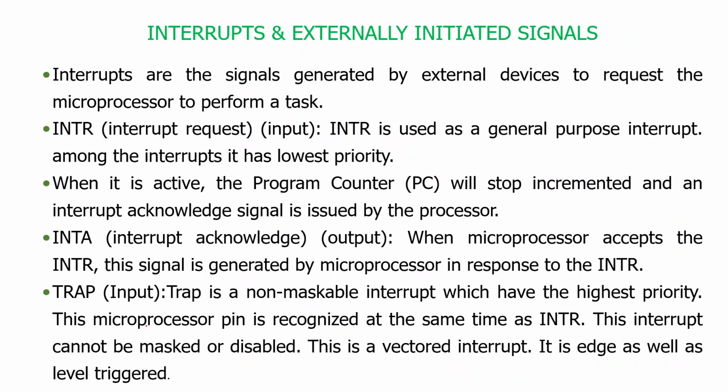And next, interrupts and externally initiated signals. Interrupt signals are generated by external devices to request the microprocessor to perform a particular task. Through the interrupt pin, the interrupt is given to the microprocessor, and the microprocessor will stop its execution and give an interrupt acknowledge based on the priority through the interrupt acknowledge pin to the devices.